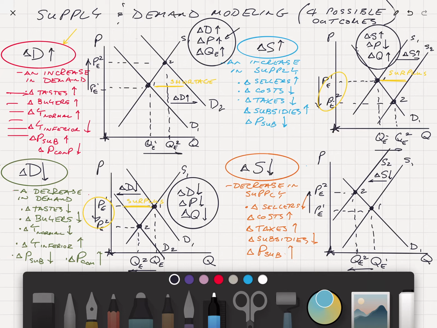Now remember, why do prices rise? In this instance, back to our dynamics, here's a shortage. That temporary shortage will give pressure for price to rise and push you towards equilibrium point number 2. Now notice, to summarize this again, we had a decrease in supply, but we had an increase in price and a decrease in quantity.